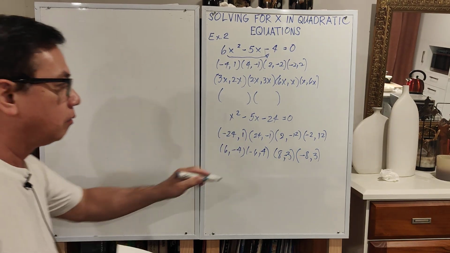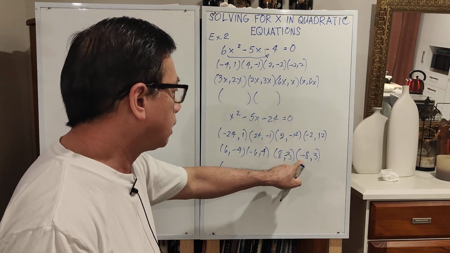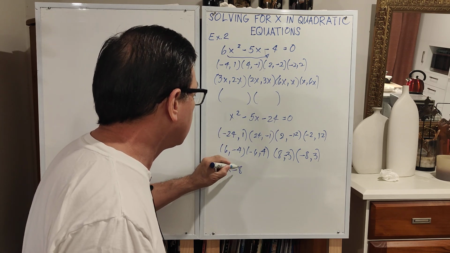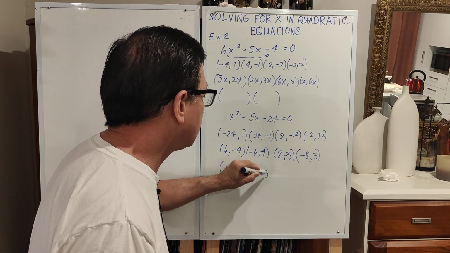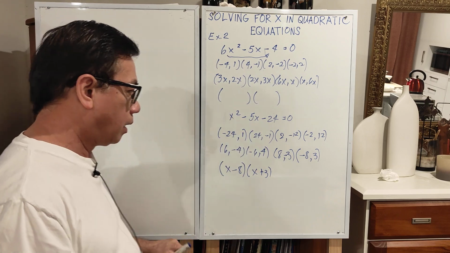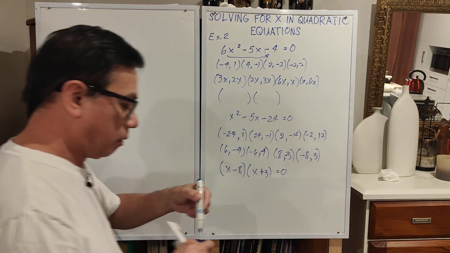So we can now make this one into a binomial. So this becomes x minus 8, x plus 3. So that when you multiply, this trinomial is equal to 0.